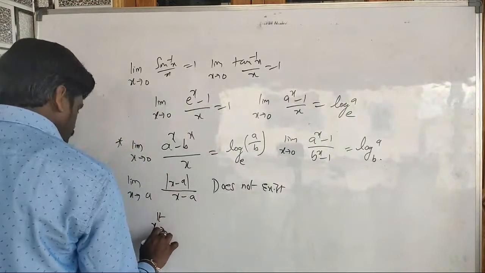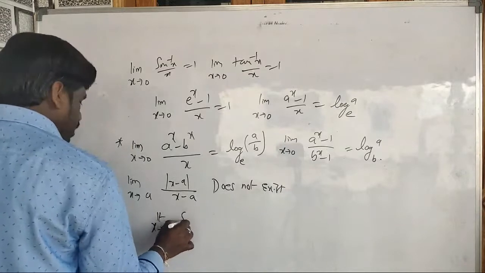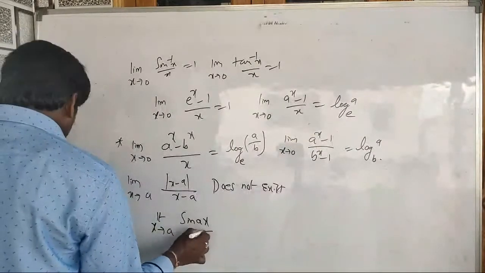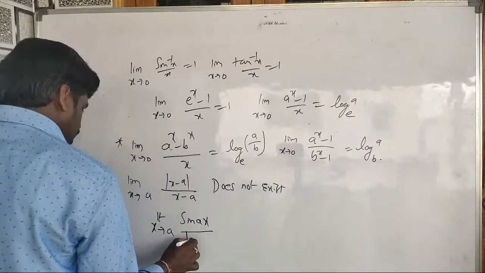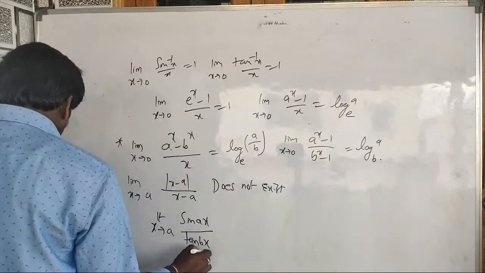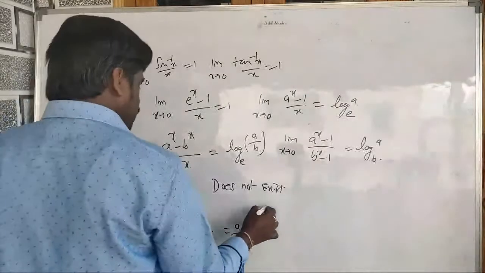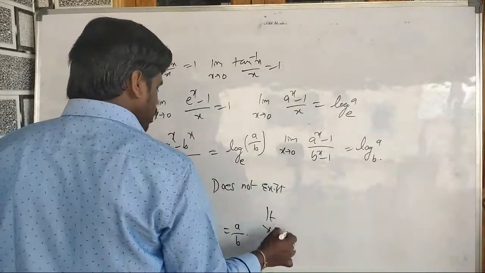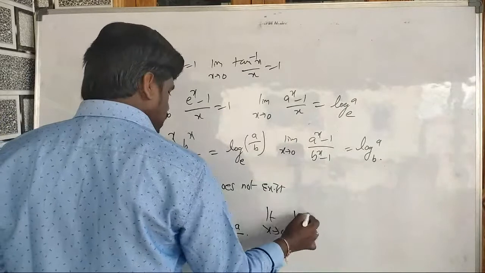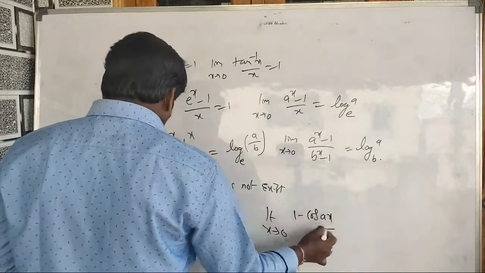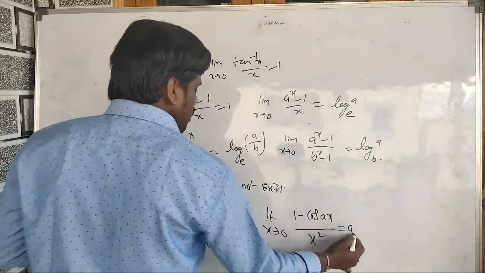And next, the other formulas. I am writing only formulas here. Sin ax by tan bx. If you have sin ax by tan bx, we can write a by b directly. How did you get it? If you have any doubt, tell me, I will explain. Cos ax by x square is a square by 2.